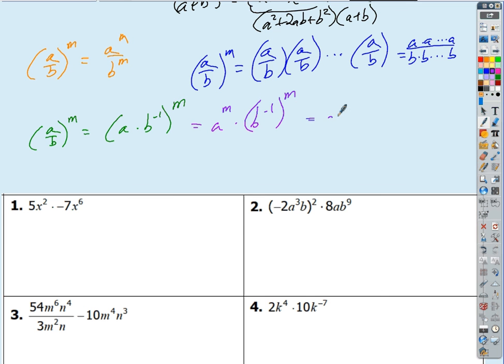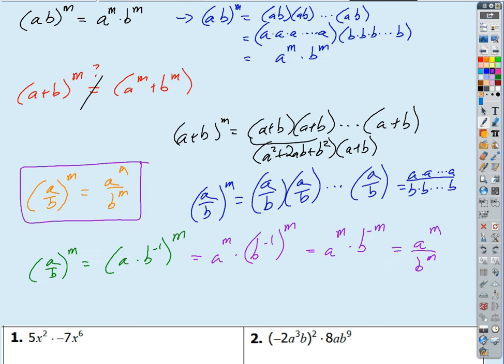So that gives me A to the M times B to the minus M. And a negative exponent on the top equals, aha. Okay, we just proved it. Either way, we get the relationship, don't we? So we got that one, and we got this one. Some new ones we added.